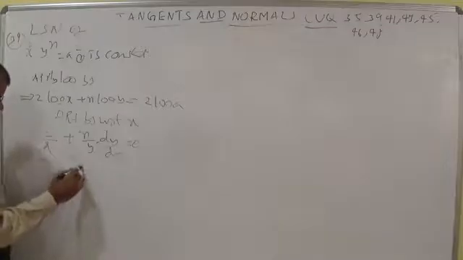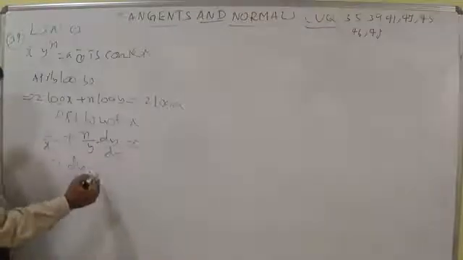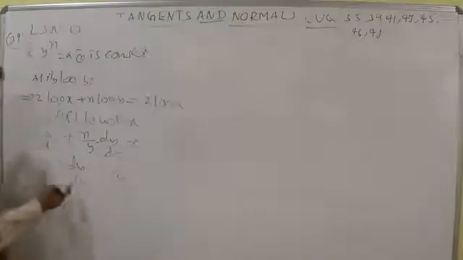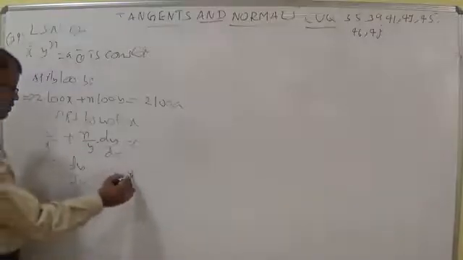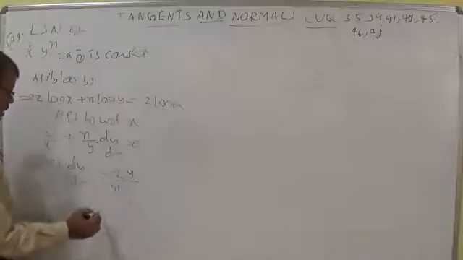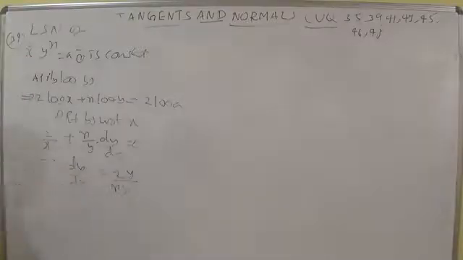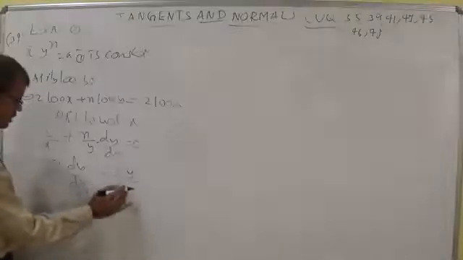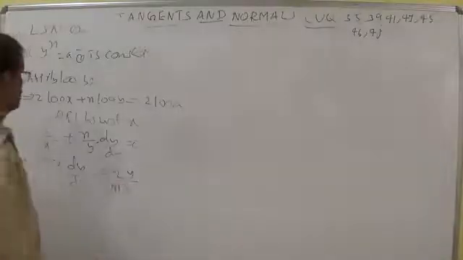This can be written as dy by dx into n by y is equal to minus 2 by x. So dy by dx is minus 2y by nx.